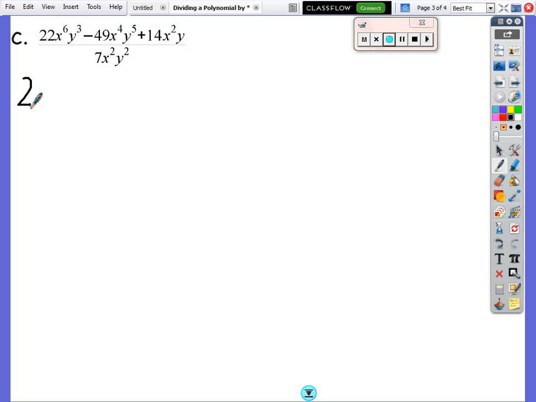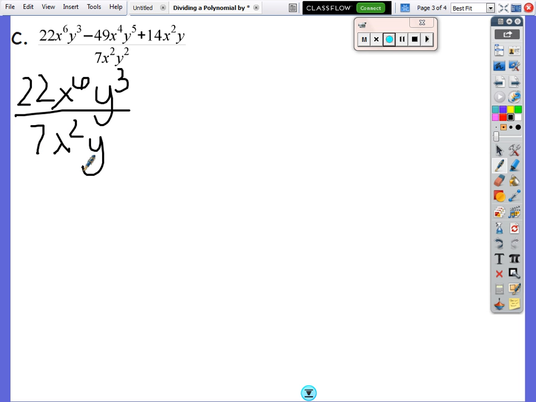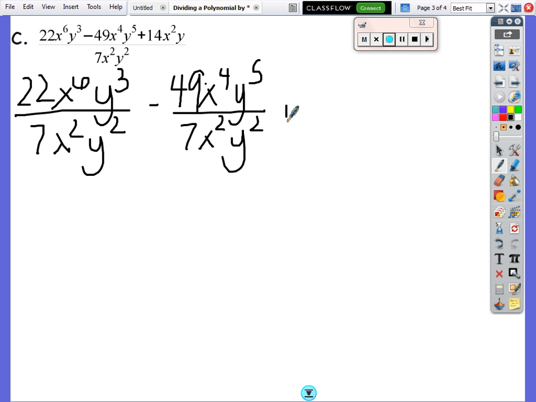So I'm going to have 26x to the 6th y to the 3rd divided by 7x squared y, minus 49x to the 4th y to the 5th divided by 7x squared y plus 14x squared y divided by 7x squared y.